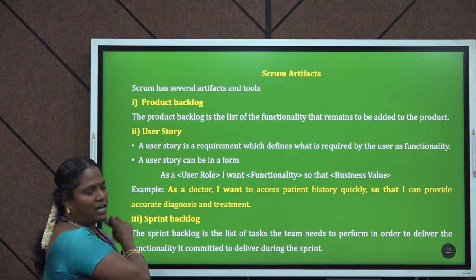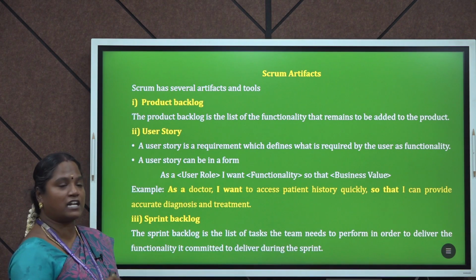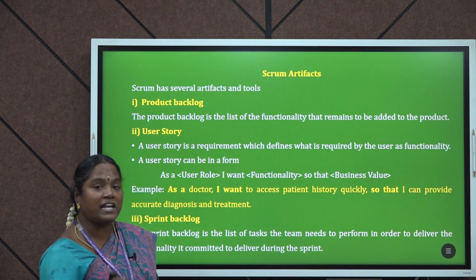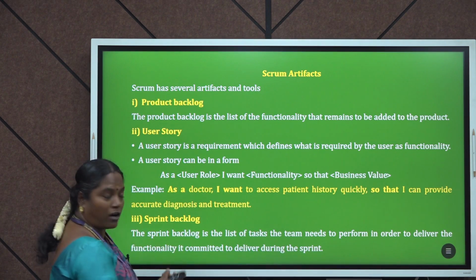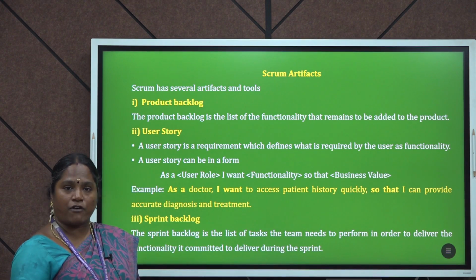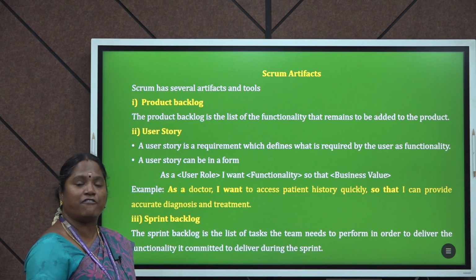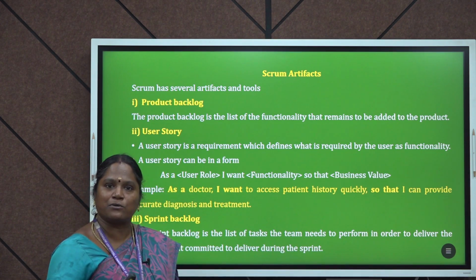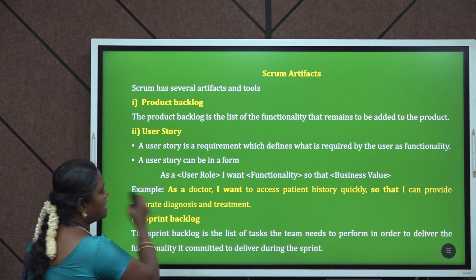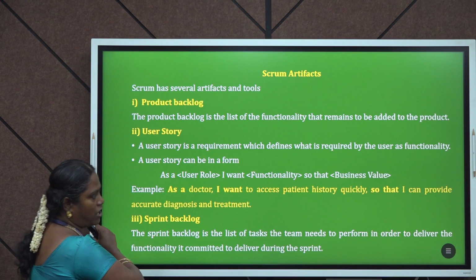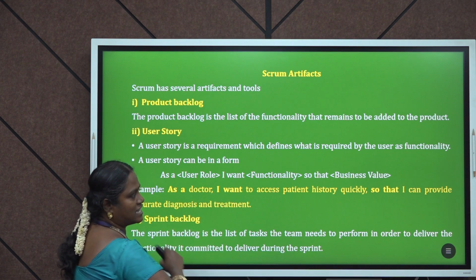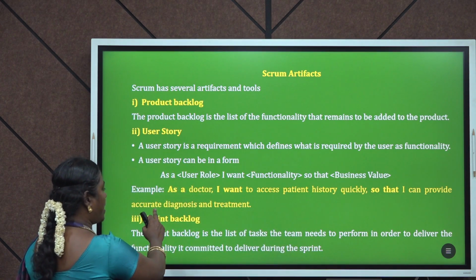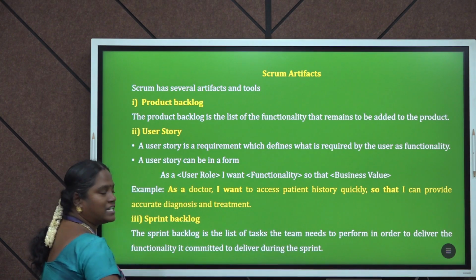For example, consider a healthcare related application. The healthcare application contains many kinds of users such as doctor, patient, nurse, pharmacist, and lab technician. Everyone can use that app, but the requirement of each user can vary. Consider a simple example: as a doctor, I want to access patient history quickly so that I can provide accurate diagnosis and treatment.